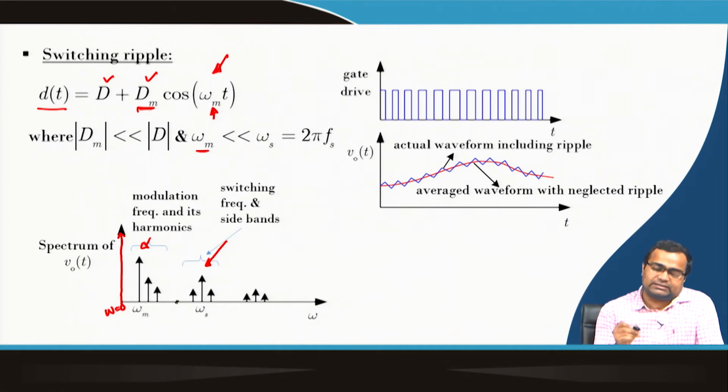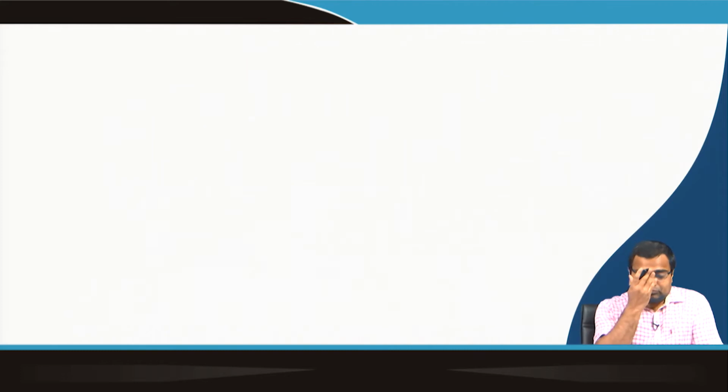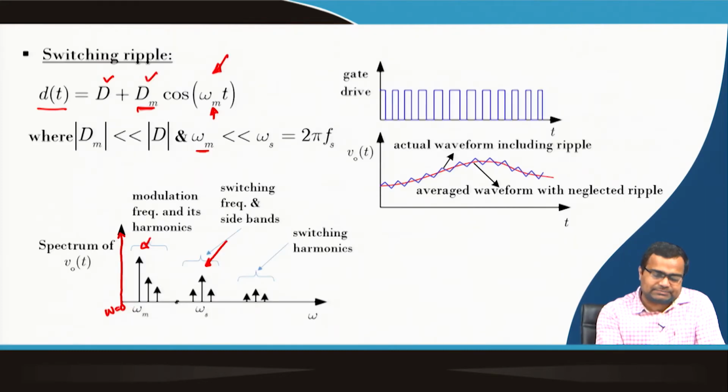Similarly, there is the switching frequency component and the harmonic content corresponding to the switching frequency, and around that harmonic content we also get side lobes. Since we are considering omega m to be much smaller than the switching frequency, these lobes are very close to each other, and we are particularly interested in this particular frequency, which is the excitation frequency or the modulating frequency.